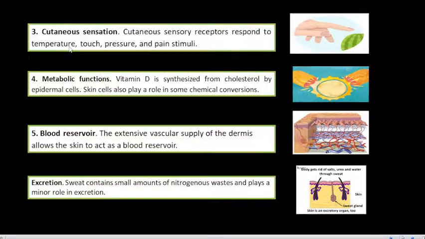The third function is cutaneous sensation. When we talk about cutaneous sensation, this is talking about the skin. That means that the skin actually contains many sensory receptors that respond to temperature, touch, pressure, and pain stimuli. So, saan nakikita karamihan ng sensory receptors natin?